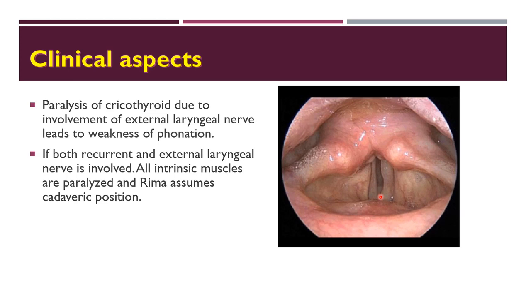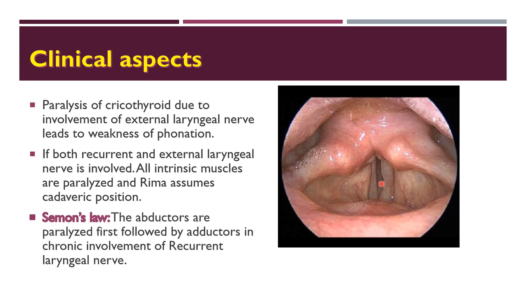Okay, if the external laryngeal nerve alone is damaged, then cricothyroid is paralyzed, so the vocal cord is not tensed, so there will be a weakness of phonation. Whereas if the nerves of both the sides are involved, then the Rima assumes a cadaveric position, so it cannot be abducted at all.